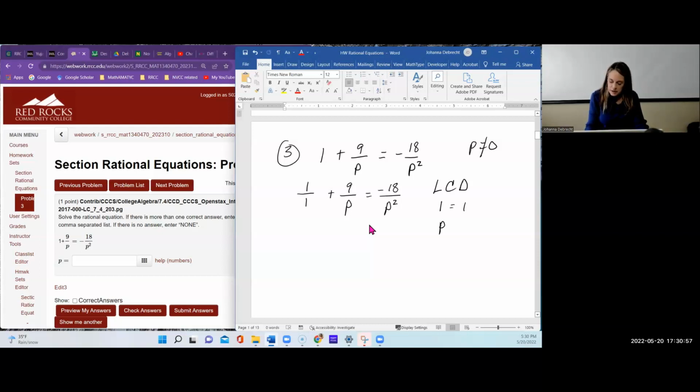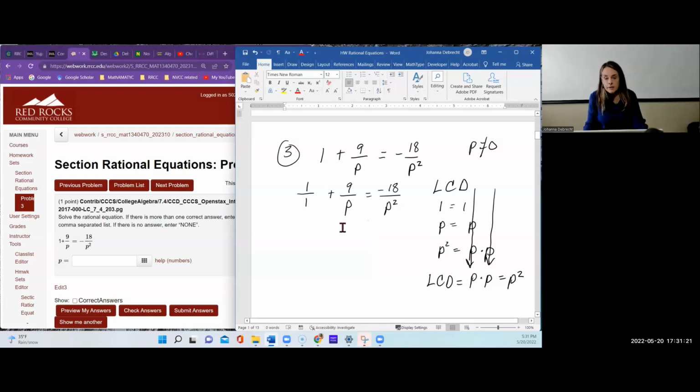Then we have p, which of course needs 1 p by itself, and we have p squared, which needs 2 p's. I line the first p up underneath the first one, and then the second one goes out by the side. I need p times p, which equals p squared. That's my lowest common denominator.